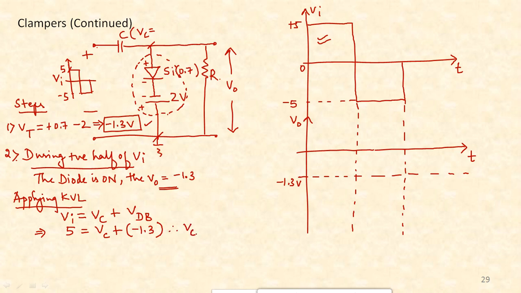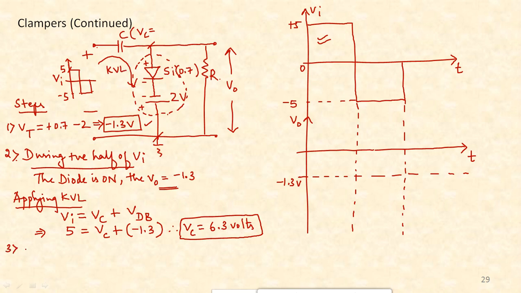Therefore Vc will be equal to 6.3 volts. I hope this is clear for you, students. We have just applied KVL and solved. This is the path where the KVL is being applied during the positive half cycle.